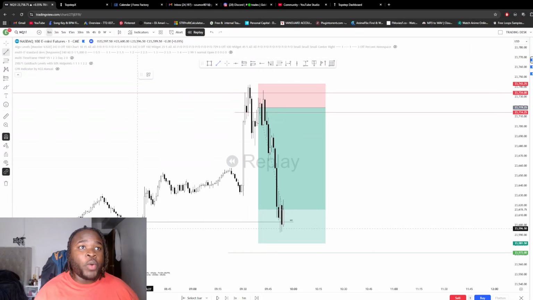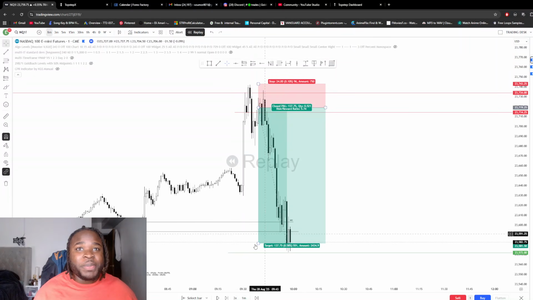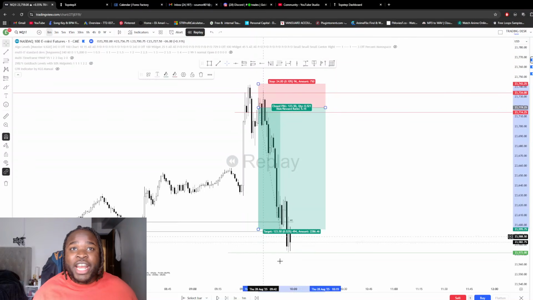We have some liquidity. We want to see price sweep these, push this down, and then bang. Price sweeps the liquidity. It's in our area of interest during the macro time.